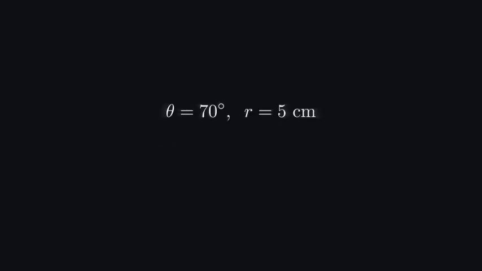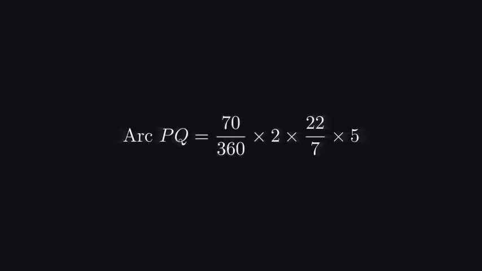Theta equals 70 degrees, r equals 5 centimeters, and we use pi equals 22 over 7. Arc PQ equals 70 over 360 times 220 over 7.